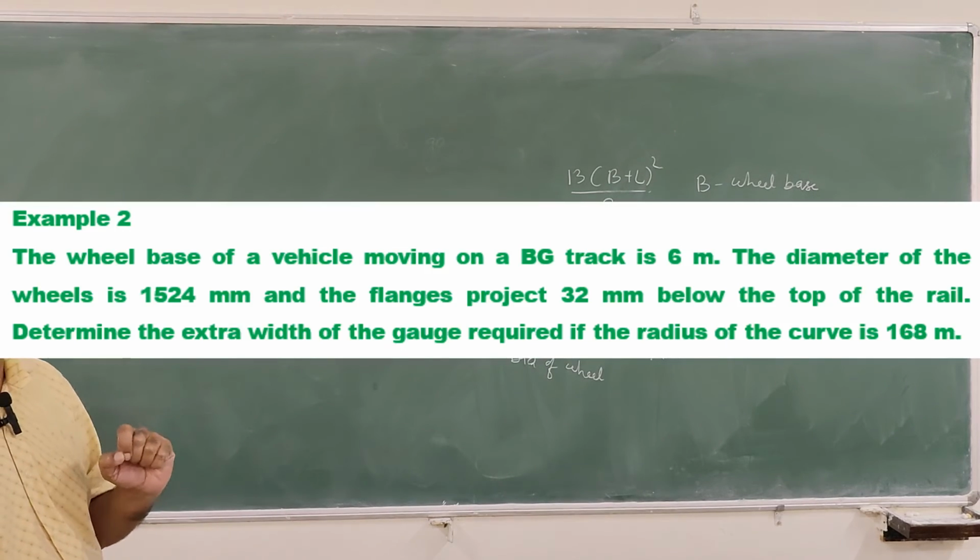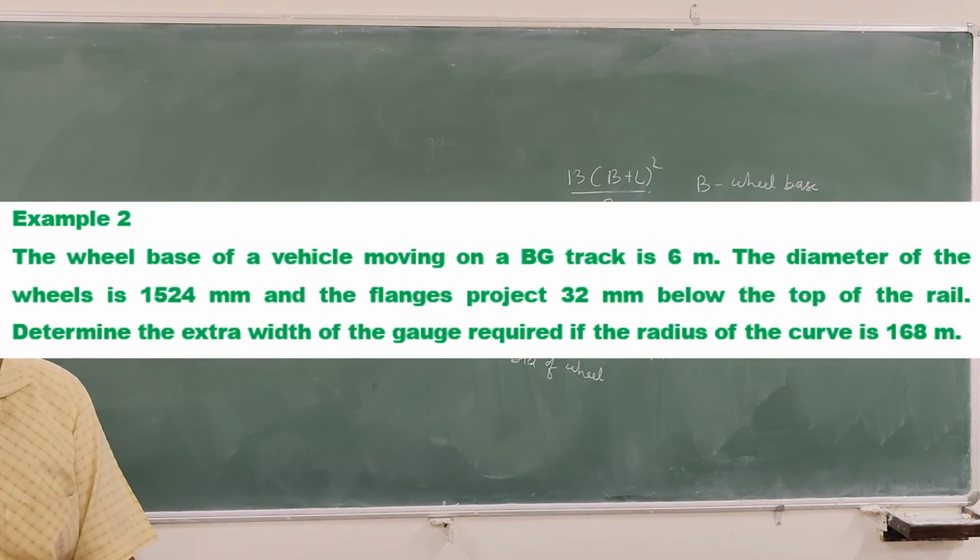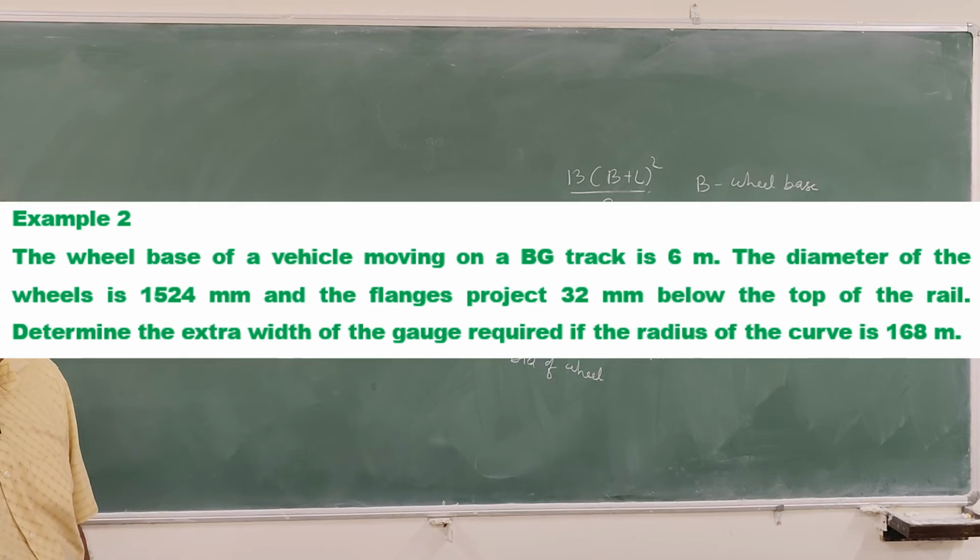How do we consider this stipulation which is given on Indian Railways? The question is like this: the wheelbase of a vehicle moving on a broad gauge track is 6 meter. So B is 6 meter. The diameter of the wheel is 1524 millimeter and the flanges project 32 millimeter below the top of the rail. Determine the extra width of the gauge required if the radius of the curve is 168 meter.